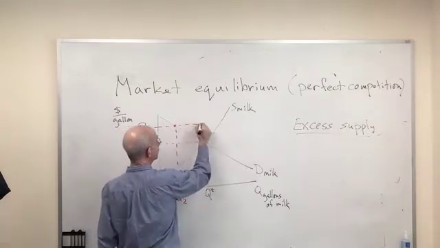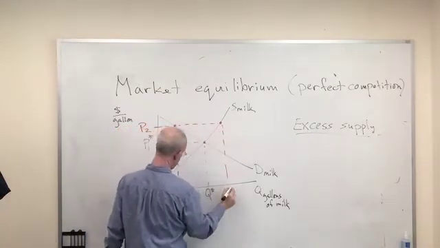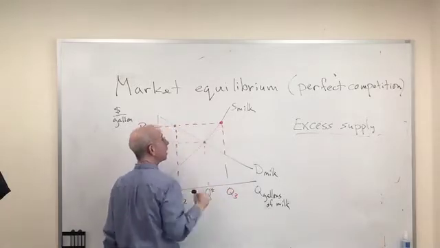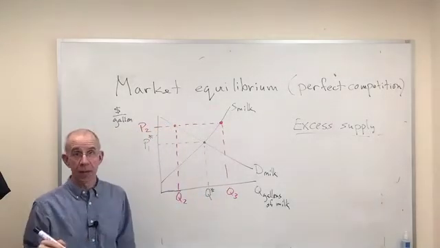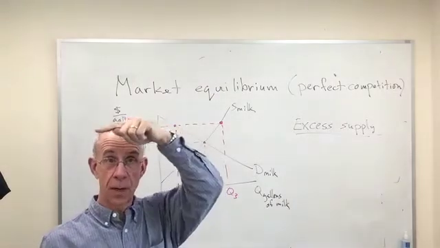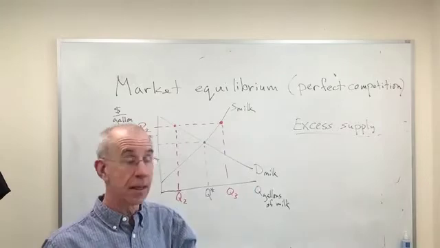At this same price, we've got a quantity supplied. So to get the supply, you take the price and you go over to the supply curve, go straight down.